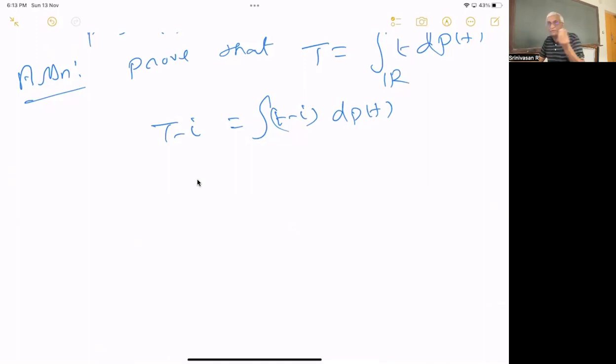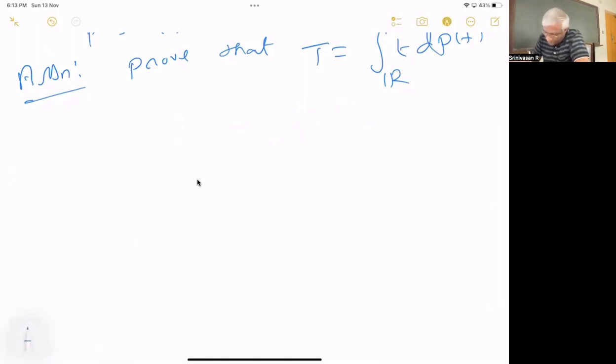The point is, it's not simple. In the bounded case it's simple, but here you have to worry about the domain. So what we have to do is the following. This is how the proof should go.